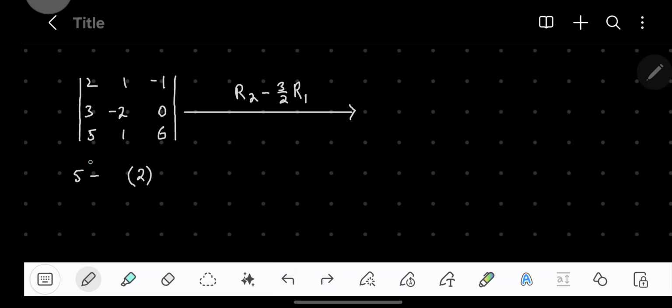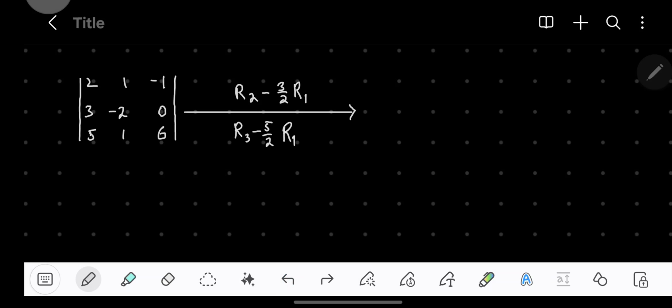Again, I told you, write this entry on the top and this entry below. If you write in this way, then this entry will cancel by this entry and 5 minus 5 will be 0. So that means you have this minus 5 by 2 times this. What does that mean? R3 minus 5 by 2 times R1.